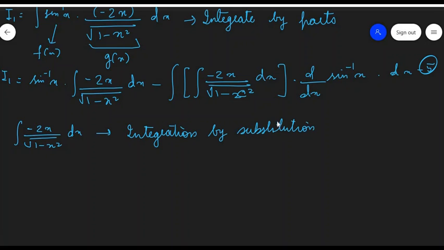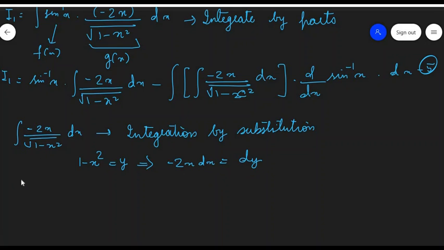This is a very fun way to integrate. I am going to substitute a part of the function and get the rest by differentiating it. So I am going to take 1 minus x square as y. So this gives me minus 2x dx as dy.